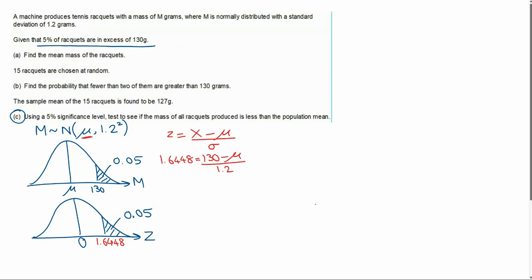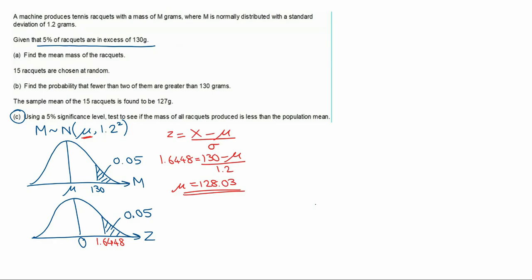So this is where the newer calculators are frustrating. We can't get that 1.6448 without typing it in. So let's go ahead, type this in, take it away from 130, and you get a mean of 128.0. I'm just going to write 0 through. That's enough. It's 5 significant figures. It should be fine. Right, so that's part A done.